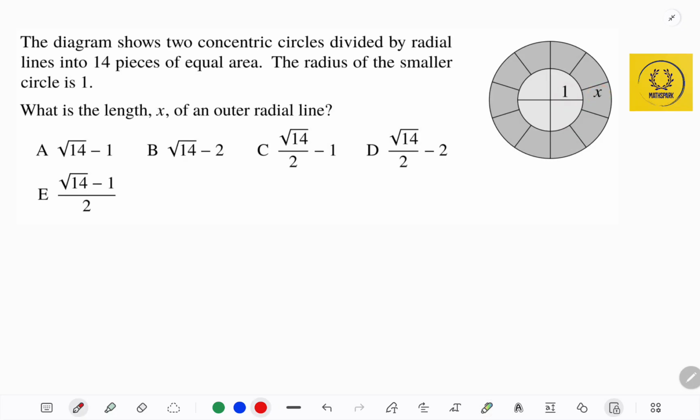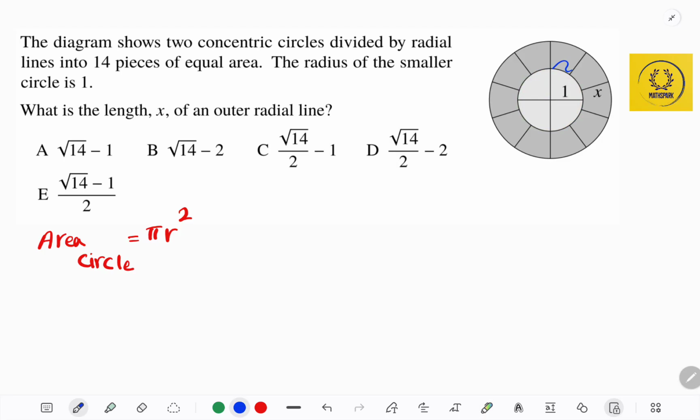Okay, we know that the area of any circle is pi r squared, where r is the radius of that circle. So we have a smaller circle here with radius 1, and I'm going to find the area of this part, which is a quarter circle.